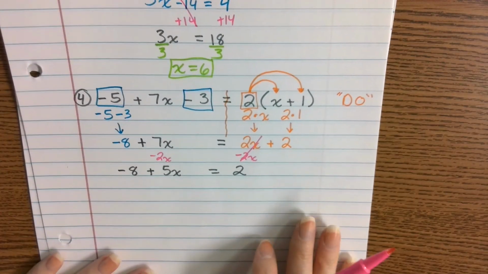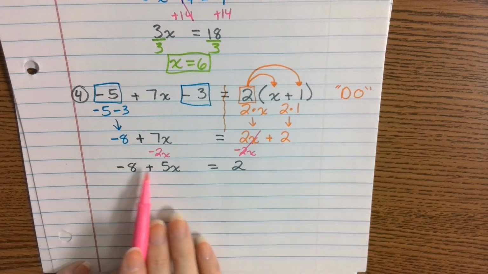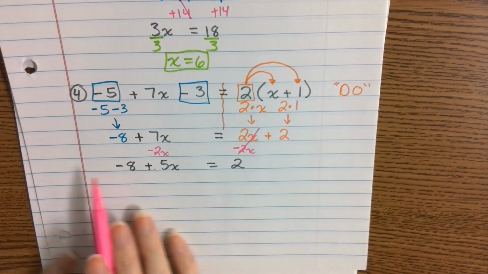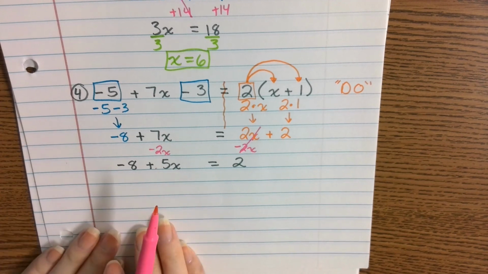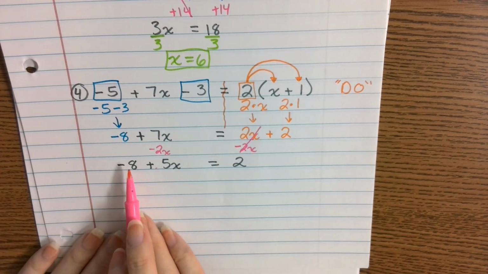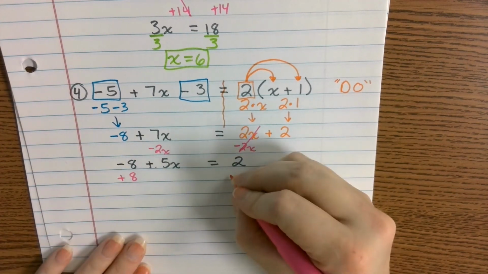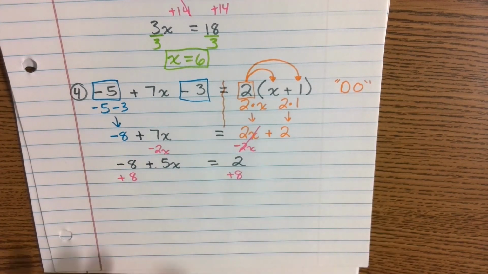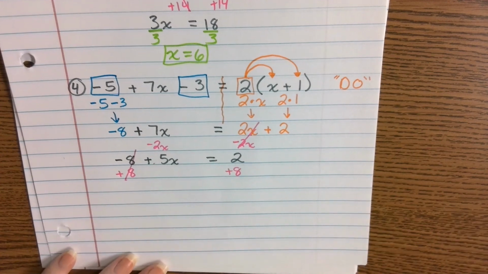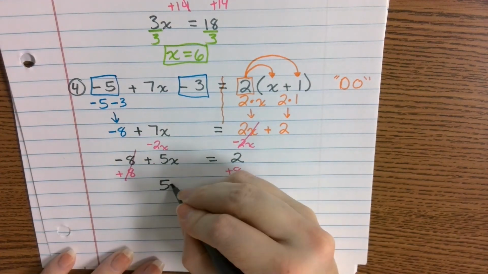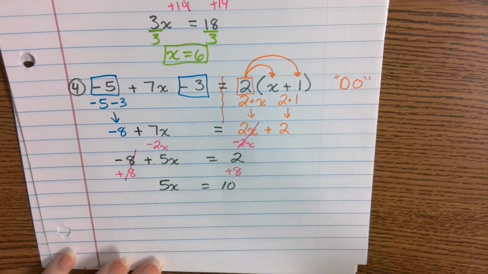It's okay. It can be rewritten this way if you want, or you could write it as 5x minus 8. It's still the same thing. But because the 8 is a negative, the opposite of it would be a positive, or just to add 8 to both sides. Okay, those 8s are going to cancel out. We're going to be left with positive 5x is now equal to 10.